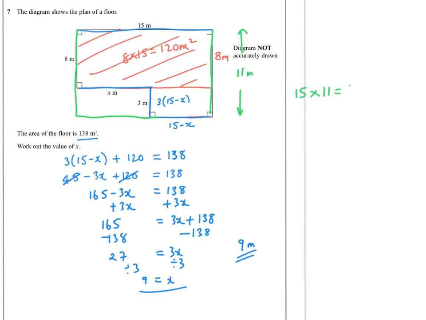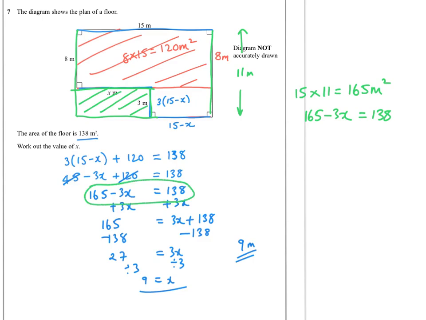So 15 times 11 is 165 metres squared, and then I'm just going to take away 3x from it, because that was the bit that was too much. So 165 minus 3x would be the whole area that I wanted, and that gets me down to this part immediately. So that's definitely one way of looking at it. And then you just carry on as normal from here.